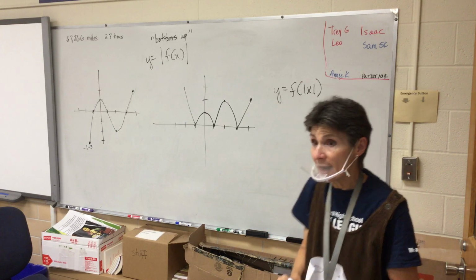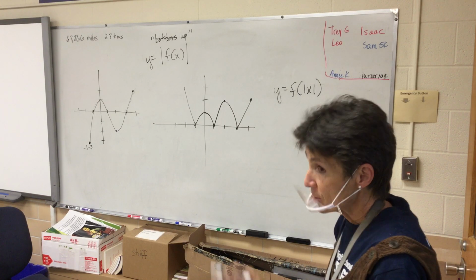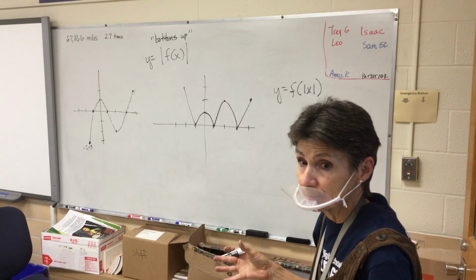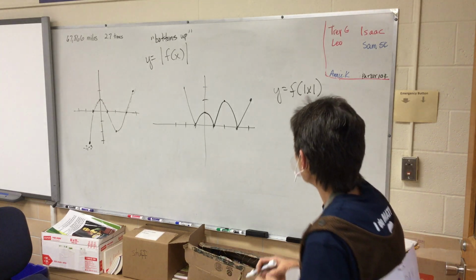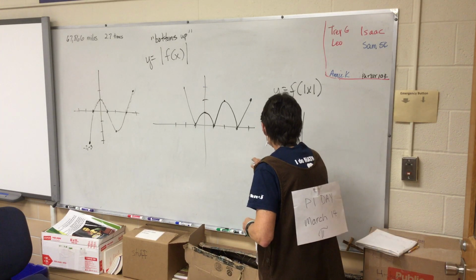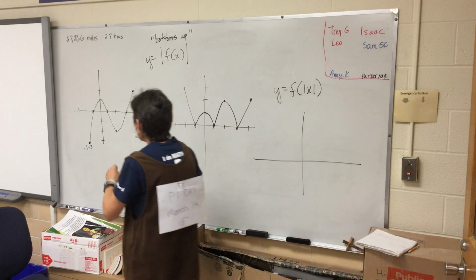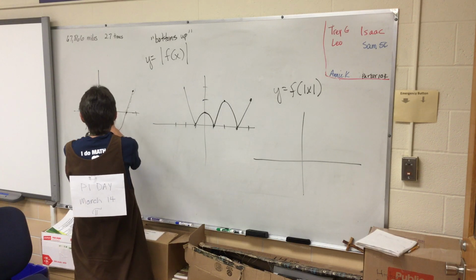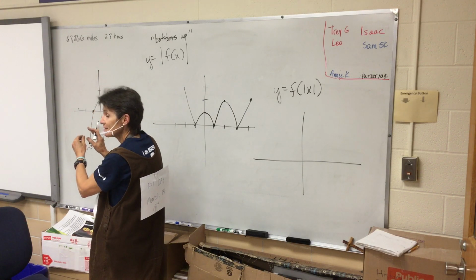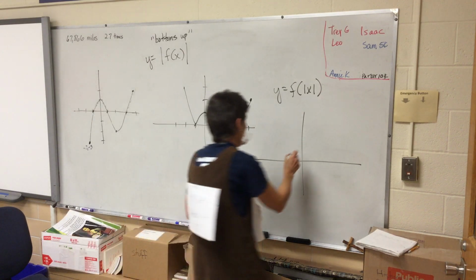That is also an absolute value. But you see the absolute value is in a different place. So when you have the absolute value of just x, you draw everything on the right side. So all of the positive x's, you just draw.